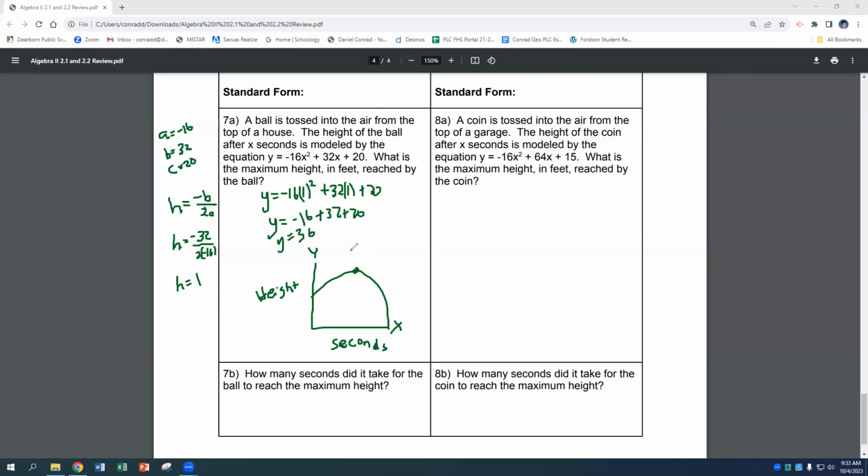Okay, so my vertex is going to be 1 comma 36. All right, so that means after 1 second, the ball reached its maximum height of 36 feet.